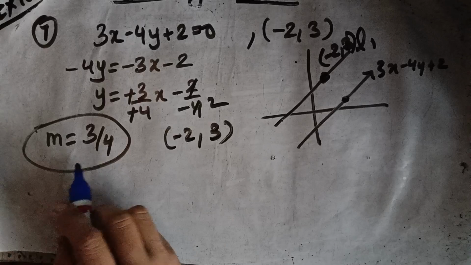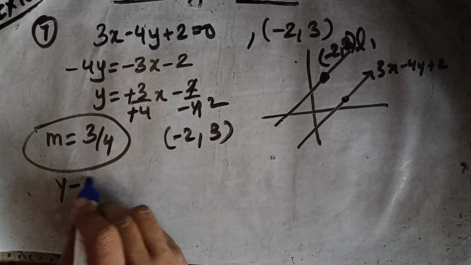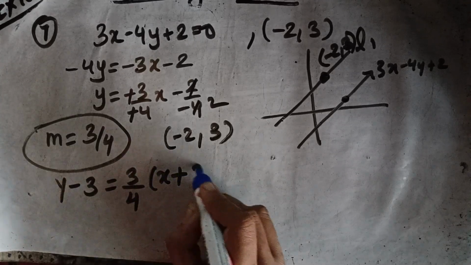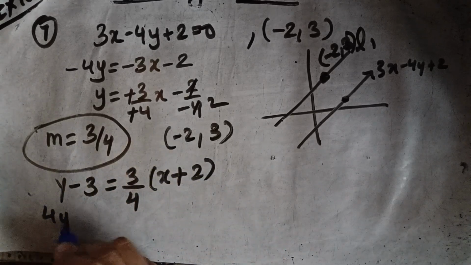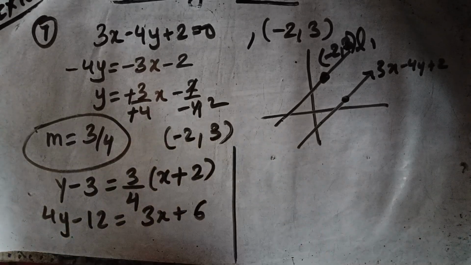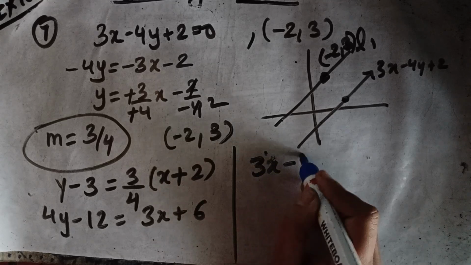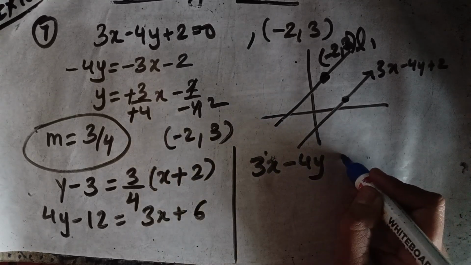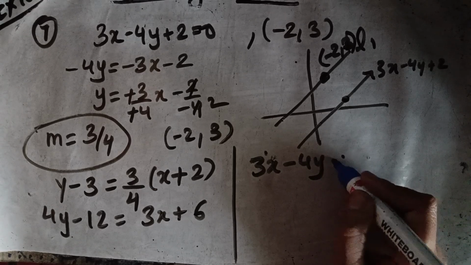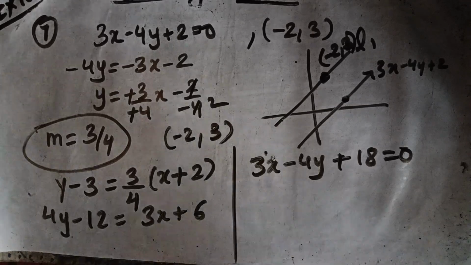So using slope point form, not slope intercept form. So y minus y1 and x minus x1. Okay, so this is the equation.